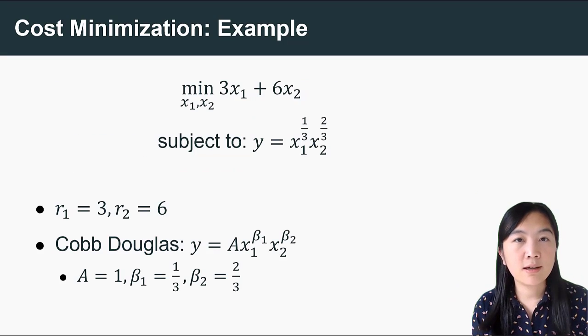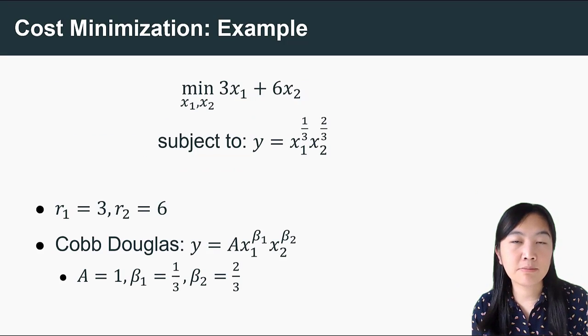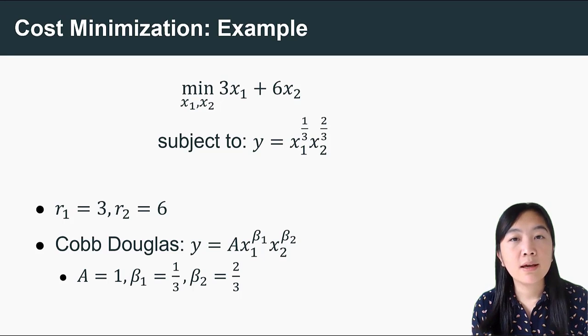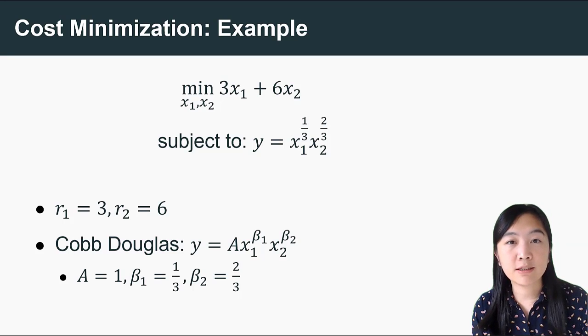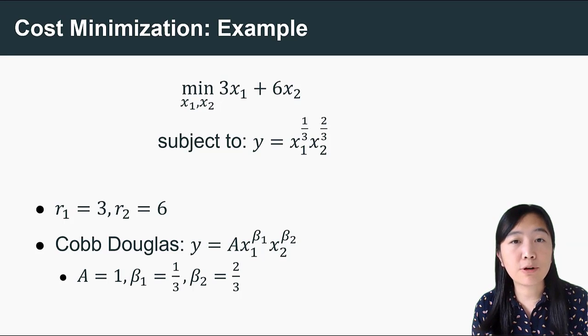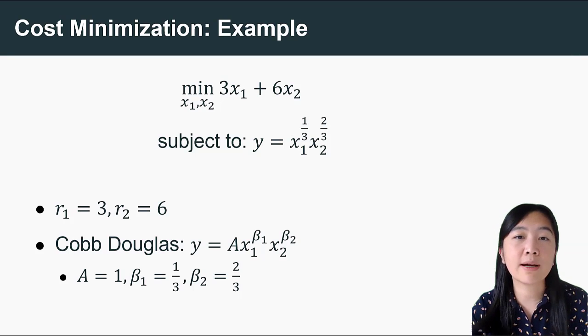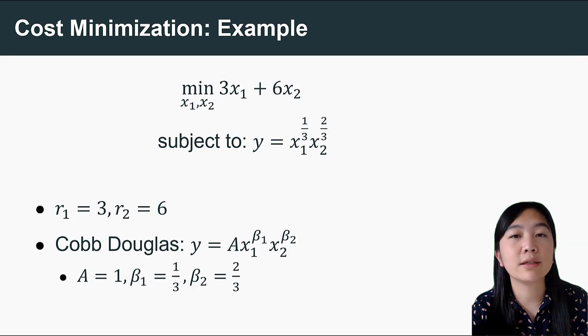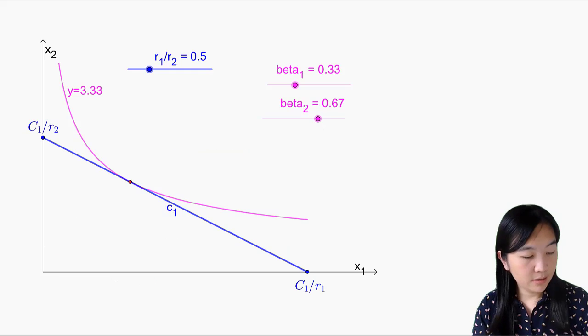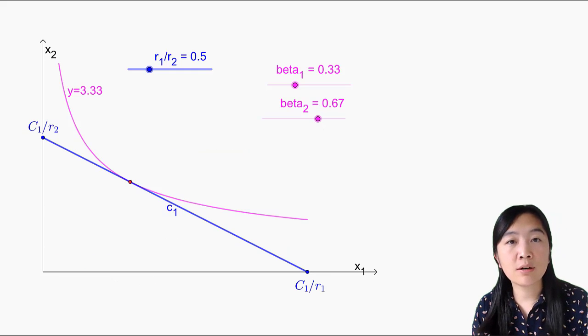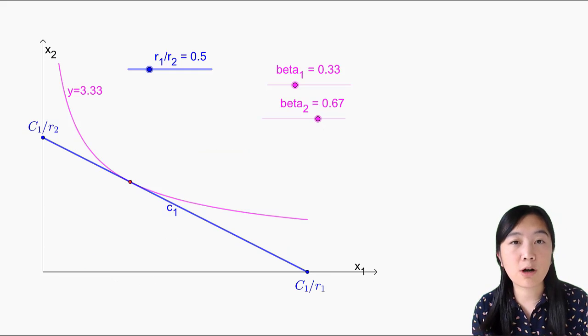This is the cost minimization example that we used in the last lecture. We assumed that the production function is a Cobb-Douglas function, and here we have the parameters beta 1 and beta 2. One is 1/3, and the other is 2/3. I did show you how to solve that cost minimization problem.